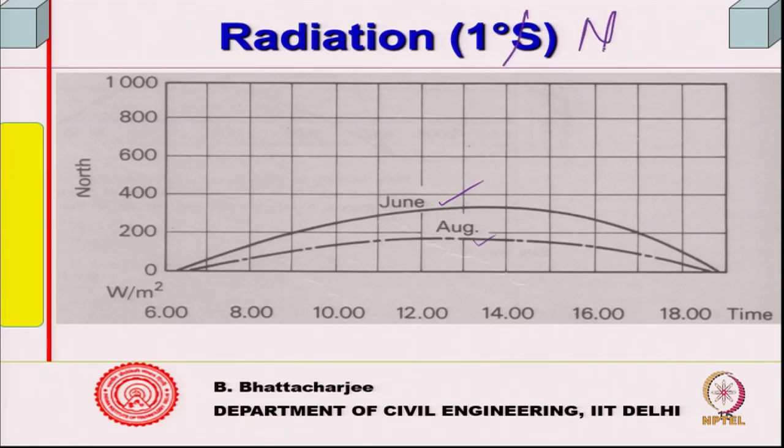Correspondingly, if I take north, this should be the south surface now. Sorry, this will not be August or June; in fact, this will be December and January, somewhere during winter months. So, it would change to this.